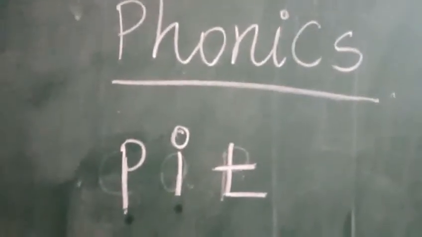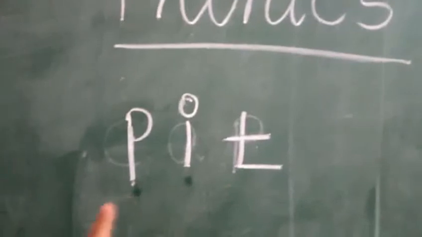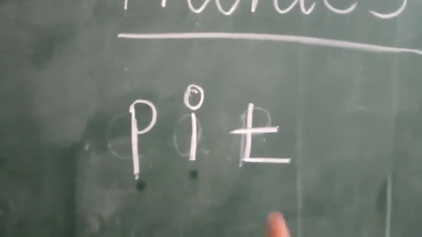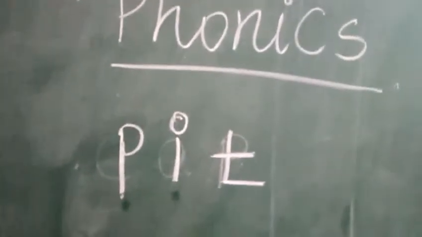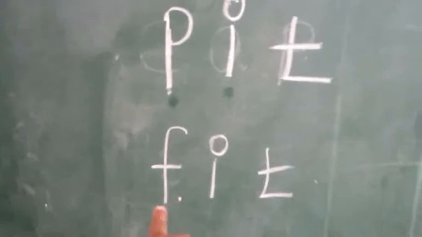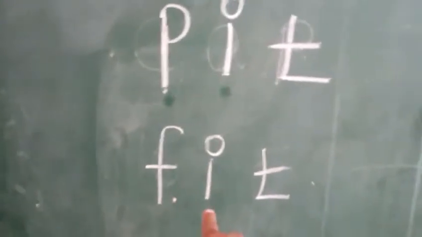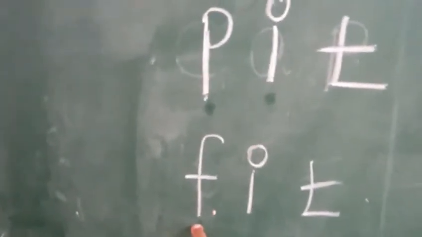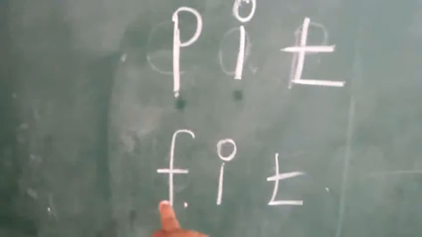Now, we have to read this word, pit. Pit. One more example. See the next word. What is the beginning sound? F. Middle sound, E. End sound, T. Beginning sound, where do you have to touch your left hand?